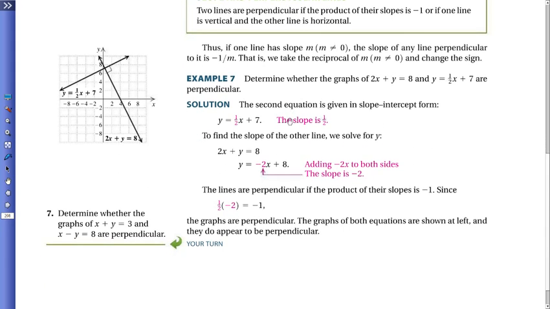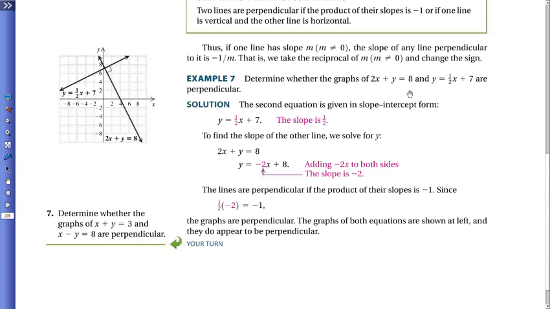So what are we going to do with this? If they give us an equation and tell us these are perpendicular, or ask us to determine whether they're perpendicular, I know the slope of this one right away from the slope-intercept form. The slope of this one is 1/2. I wonder what the slope of this other one is.